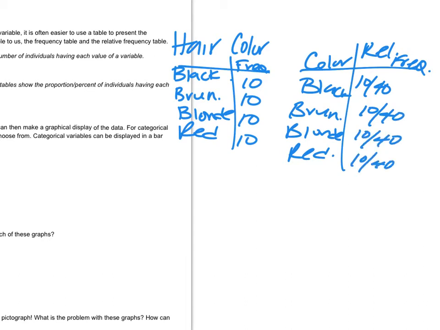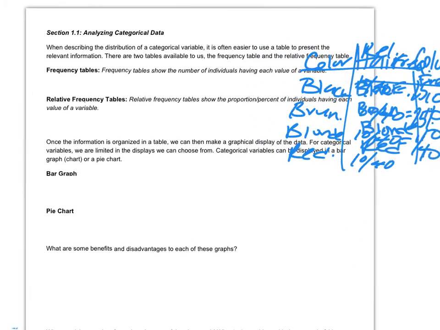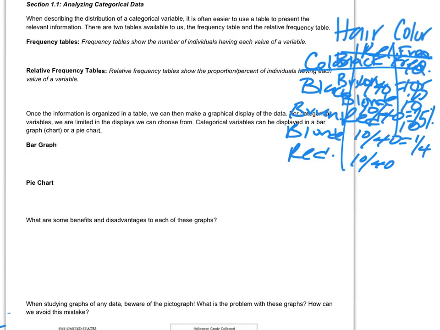So this would be the difference between the two. Now these values could be written as 25%, they could be written as 0.25. Either way, anything that's showing you a relationship between the part and the whole, that would be considered a relative frequency table. Okay?